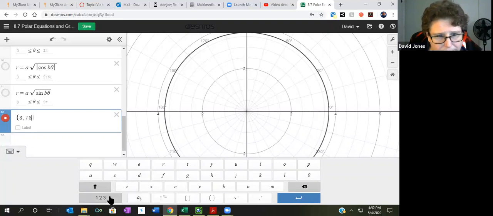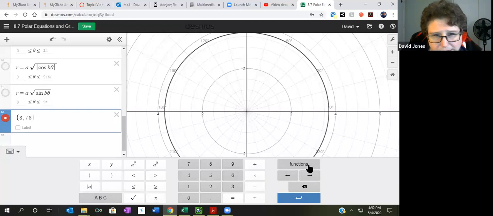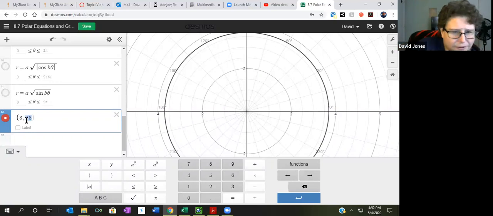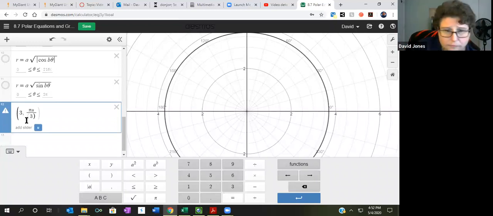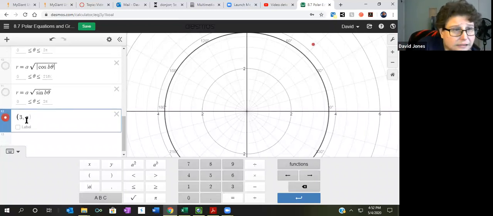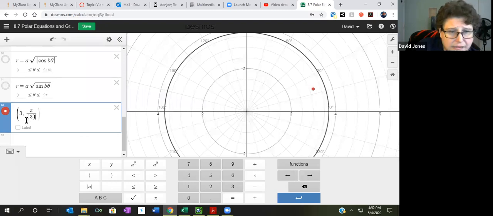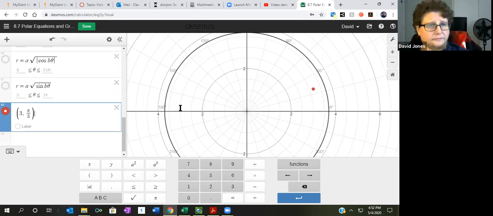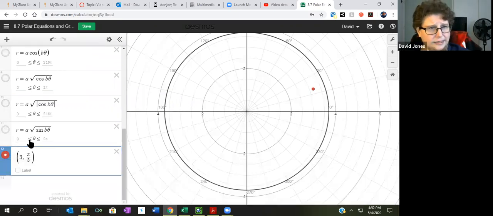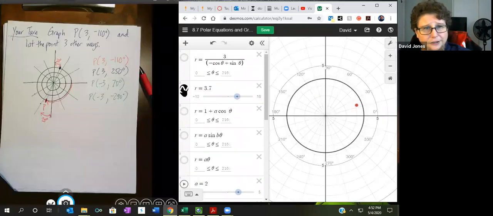That didn't help. Ooh. Let's do pi. Pi over 3. Ooh, I got an extra letter in there. So hide that. Let's shrink this back down. Turn off that black circle.